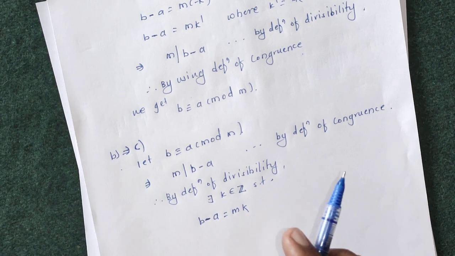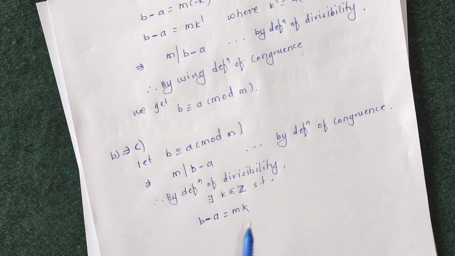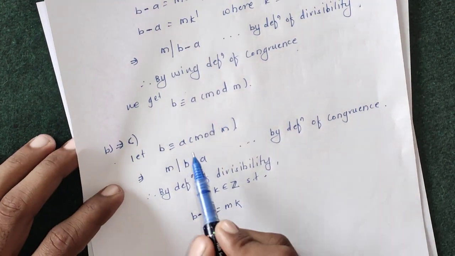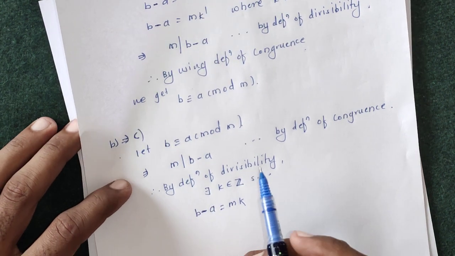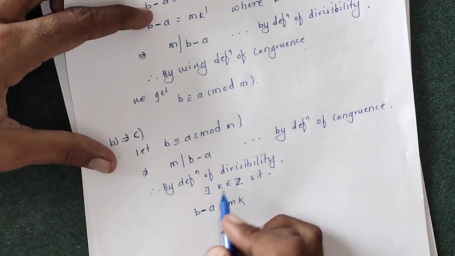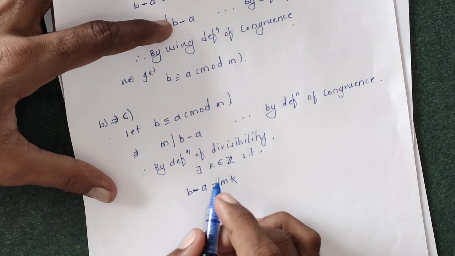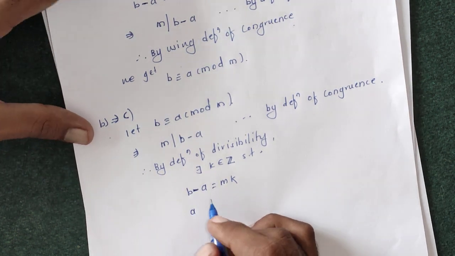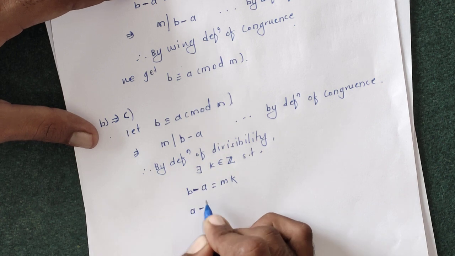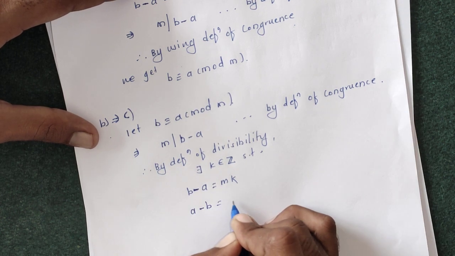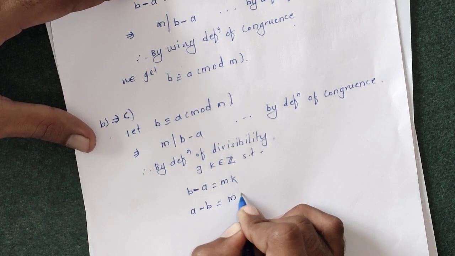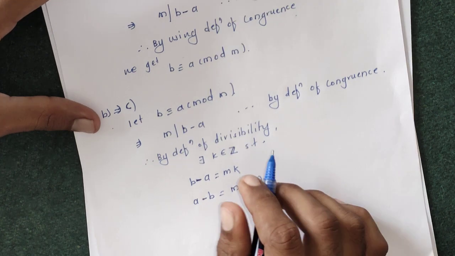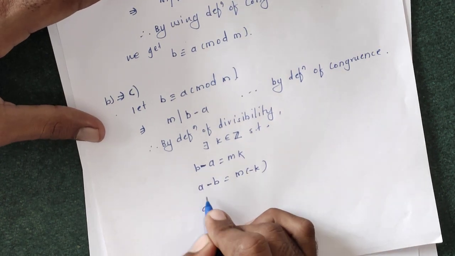We have proved B minus A is equal to m k. Now we have to prove that A minus B is congruent to 0 mod m. Simplifying this by multiplying by minus 1 on both sides, we get A minus B is equal to m into minus k.